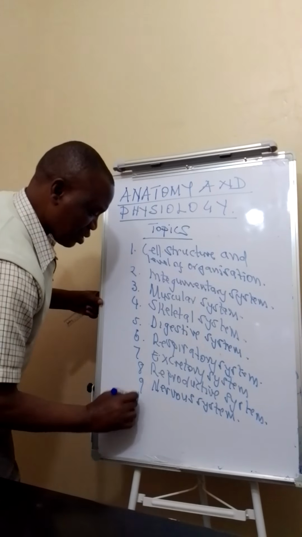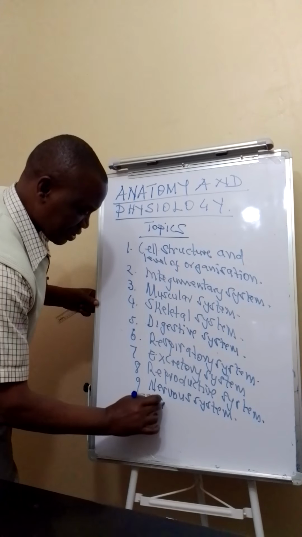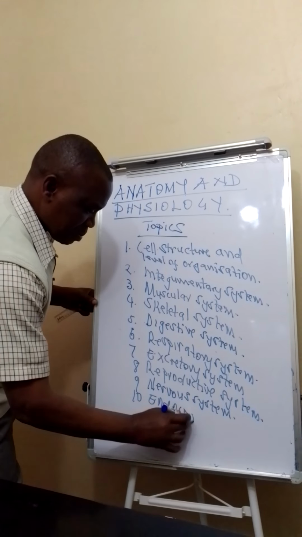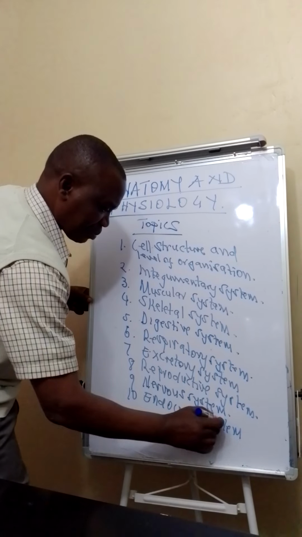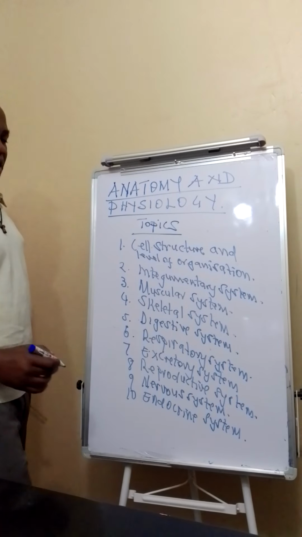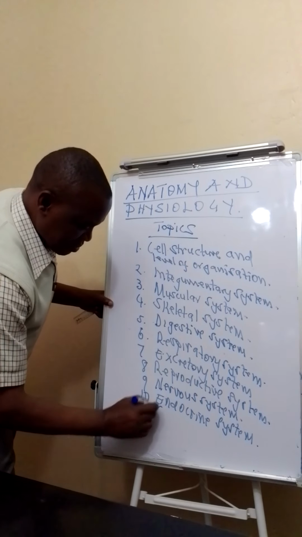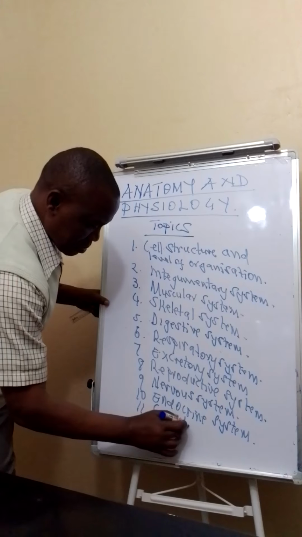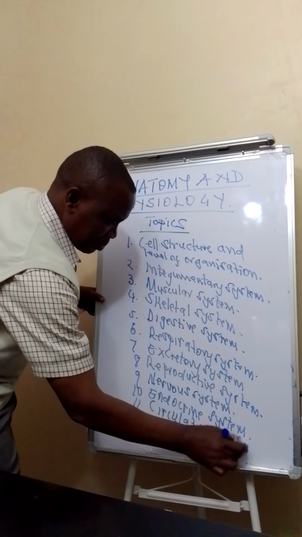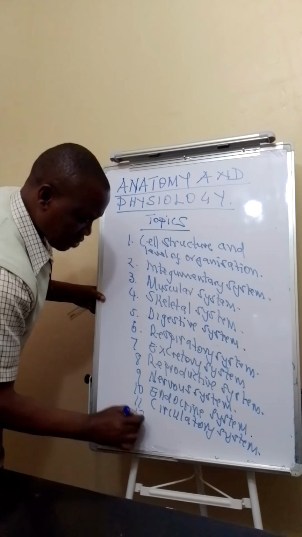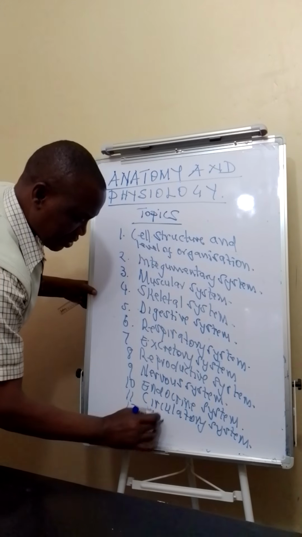Then you have another coordination system, which is the endocrine system, or hormonal system. Then you have the transport system in our body, and this is the circulatory system. The circulatory system is closely related to another system, which is the defense system, the immune system.